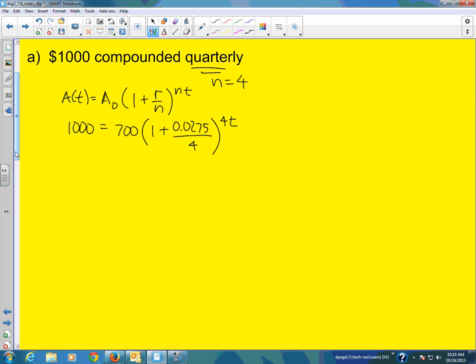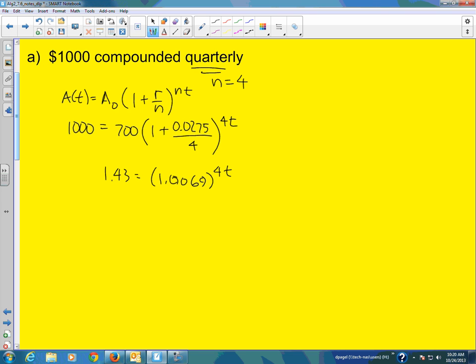All right, we're going to divide that 700 over onto the other side. We get 1.43 is equal to 0.0275 divided by 4, and then that plus 1 gives me 1.0069 to the 4t power.